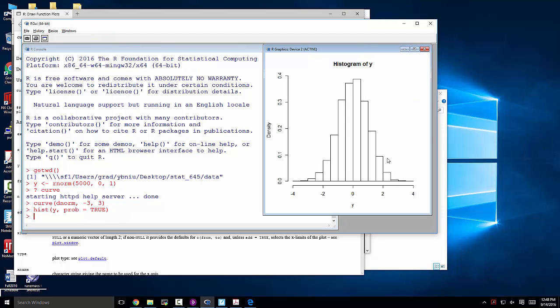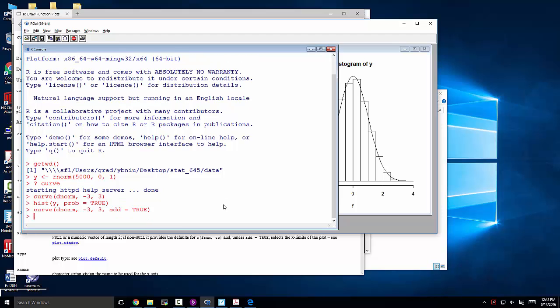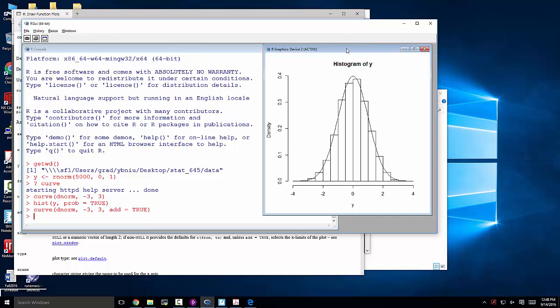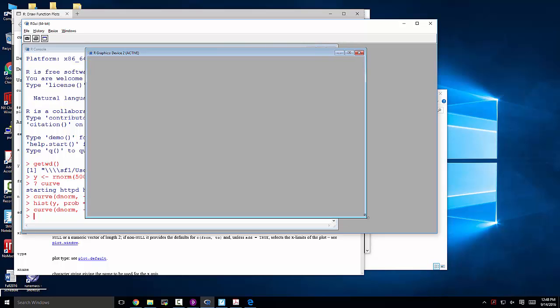There's the histogram. And let's overlay that curve. See if I can do that. Curve, -3, 3, add. Okay. The smooth curve is the mathematical reality.